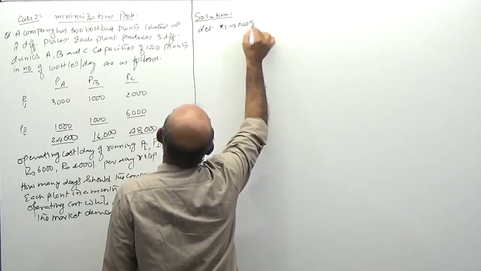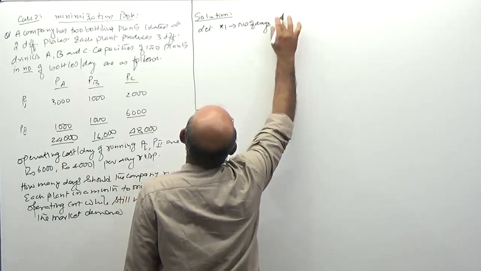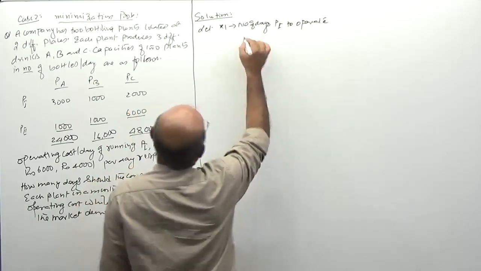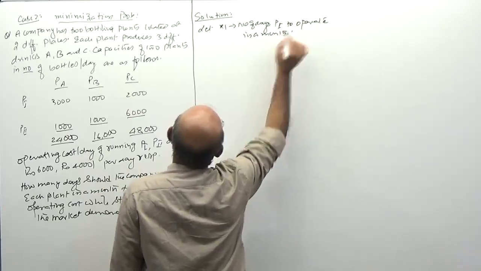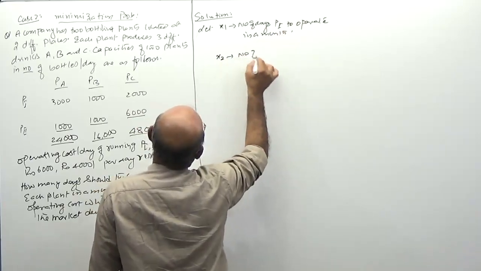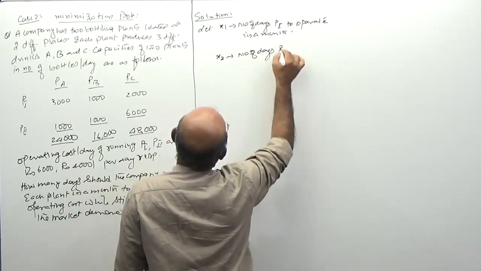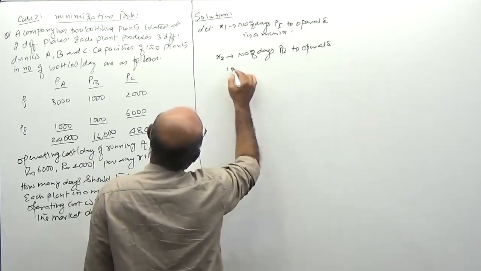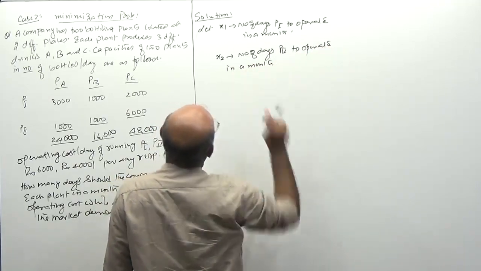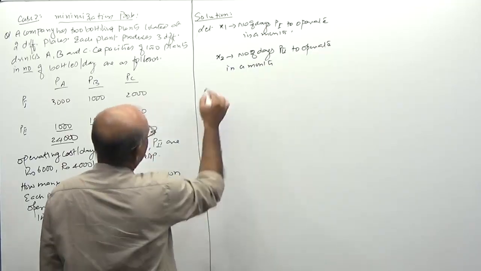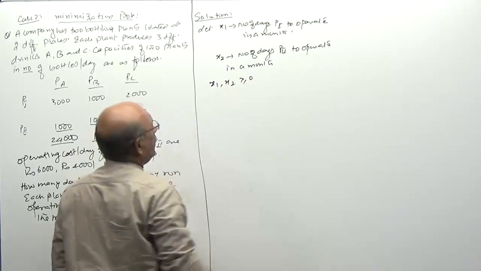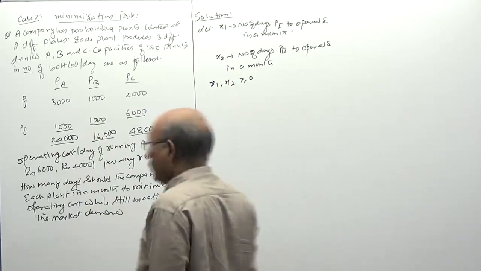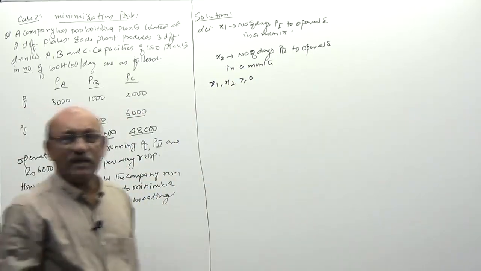Let x1 be the number of days plant 1 operates in a month. x2 is the number of days plant 2 operates in a month. x1, x2 greater than or equal to 0. So the first step, declaration of decision variables, is over.